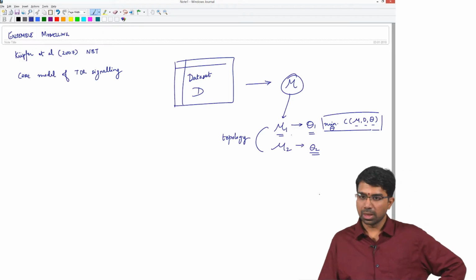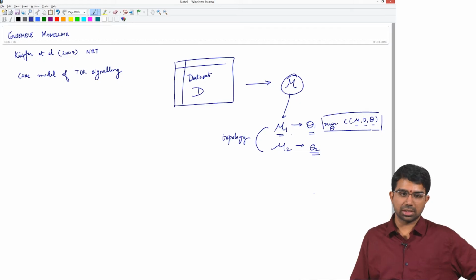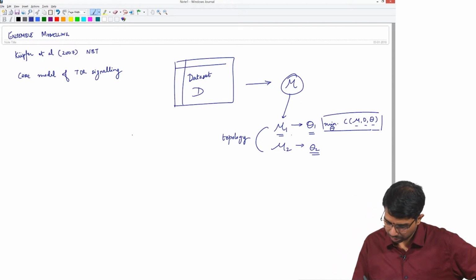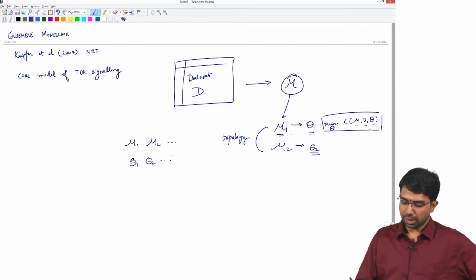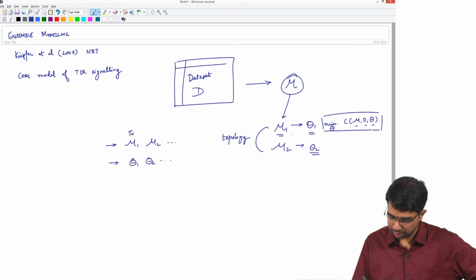This is something that we were discussing in robustness as well, wherein you have a model M1, a model M2 and so on, and you have sets theta 1, theta 2 and so on. So, you can explore, or instead of model let us even call it topology.